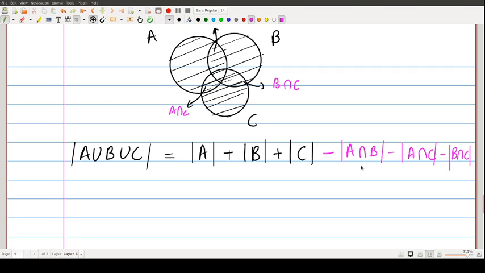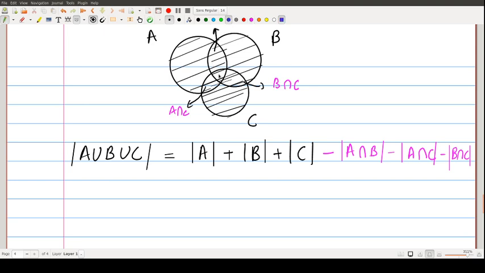But when I removed A intersection B from here, this part got removed. Then I selected all the elements from B. Then I had this part, I removed this intersection between B and C because I was counting it twice, but I removed this middle part again.